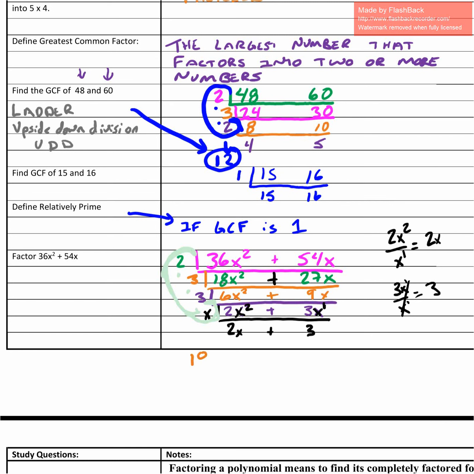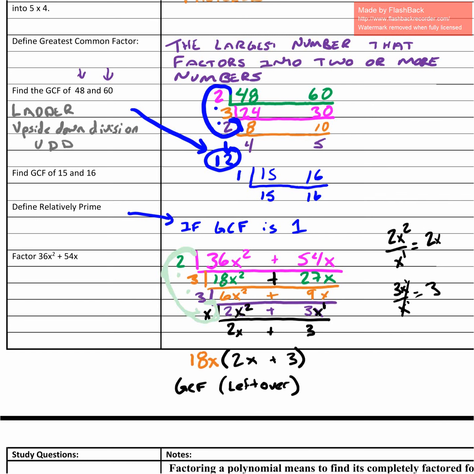And then we have our x, so we have 18x. And that would be our GCF portion. Our leftover is this last little layer right here. We're just going to put that in parentheses. So we have 2x plus 3. So the format that we write it in is we put our GCF on the outside and we put our leftover on the inside.